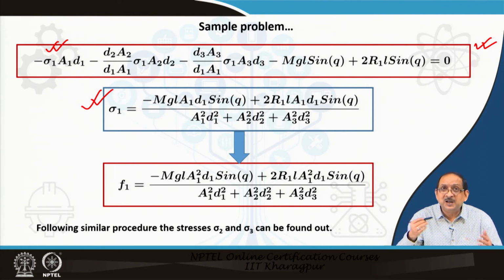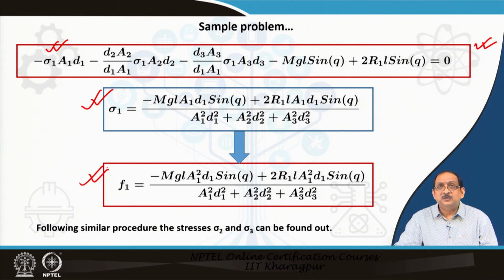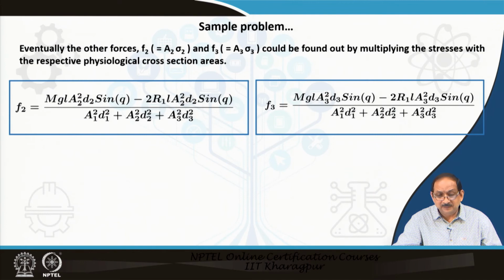So, when we multiply sigma 1 with the corresponding physiological cross-sectional area of the muscle A1, we can easily find out the muscle force F1 as indicated in the slide.